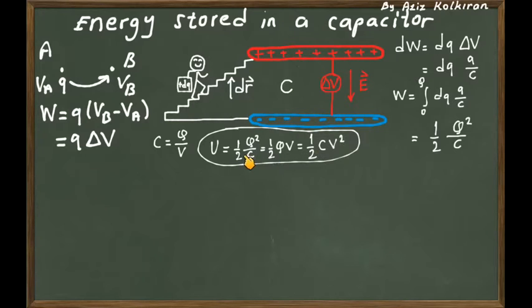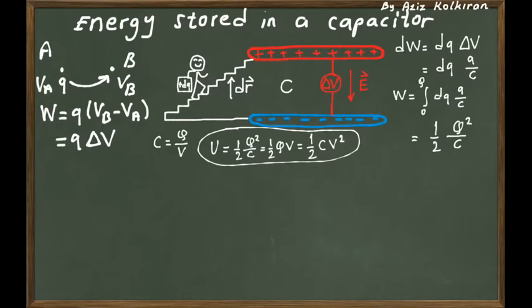You can express this in terms of Q and C, in that case 1/2 Q squared divided by C, or in terms of Q and V, because C, Q, and V are related by this relation, or in terms of only C and V. These are all okay, and you can express the total energy in terms of these pairs.